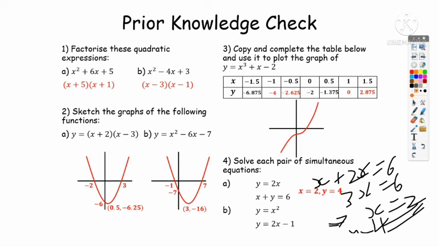Next bit is we've got y equals x squared and 2x minus 1. So we know they're both equal to y. So I get the x squared is equal to the 2x minus 1. So I get, what do I get there? X squared minus 2x plus 1 equals 0.